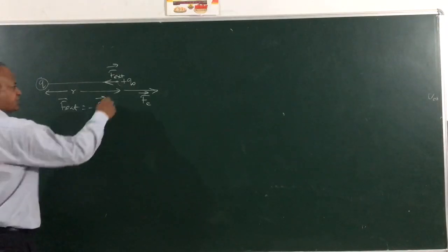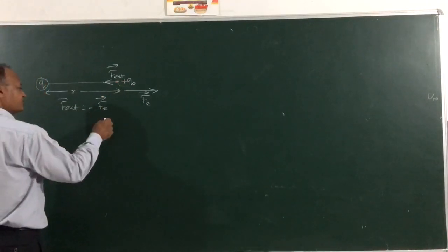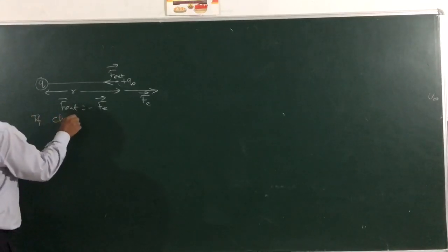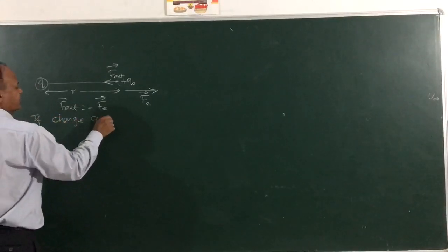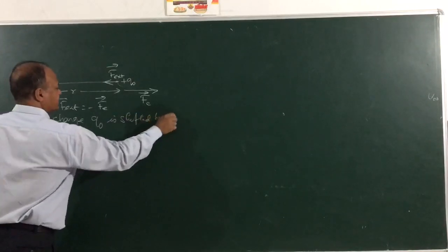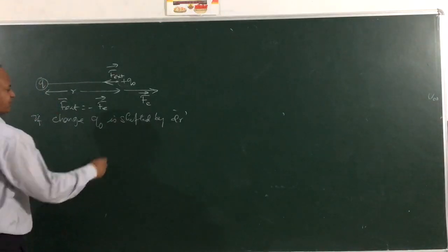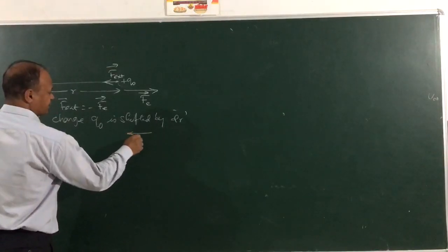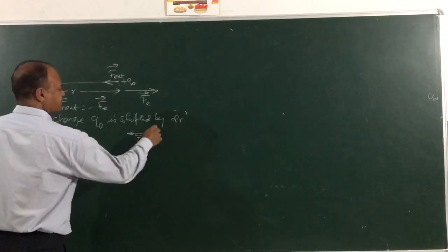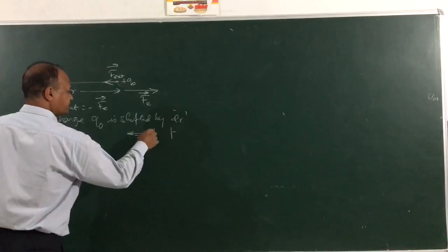Now, suppose the charge Q naught is shifted by a distance dr. What distance? dr. So imagine F external is acting like this, and the displacement is dr. The charge is moving from here to here.